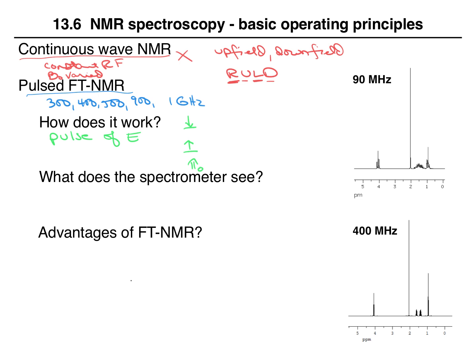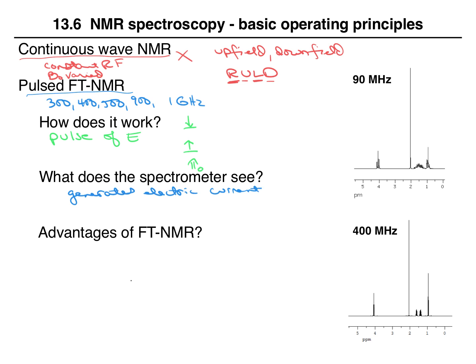What does the spectrometer see? All right, when all of the nuclei are excited at one time, then they all have the same orientation in a magnetic field. In other words, this generates an electric current.